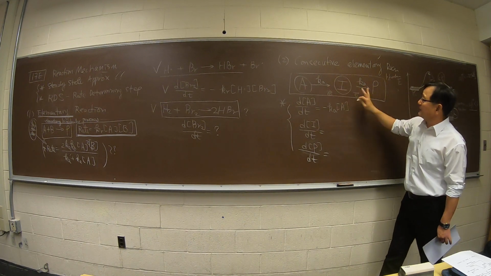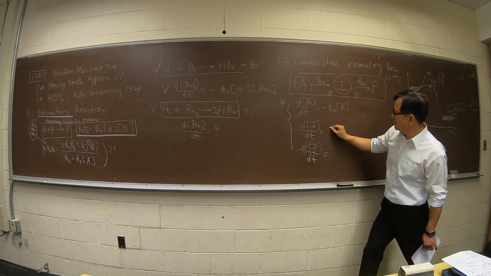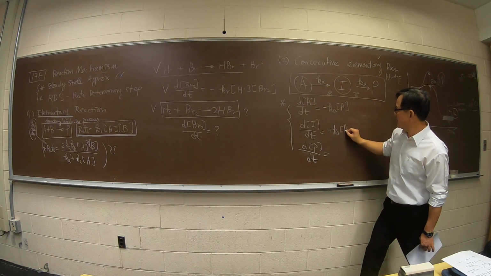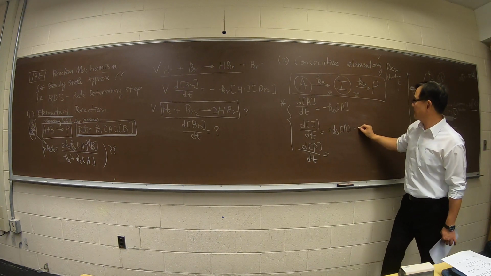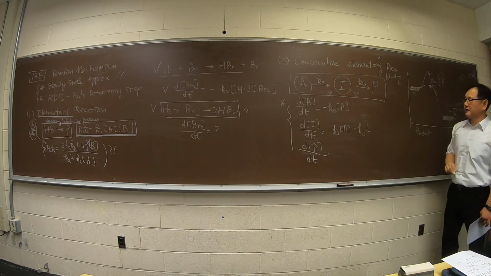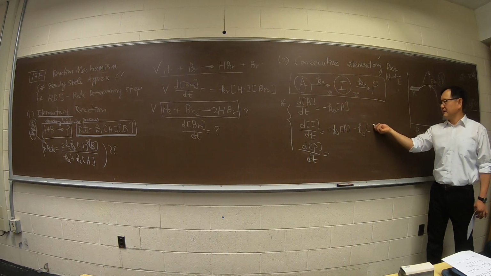But by combining this kind of one, now this one is producing it, so plus Ka times A, minus Kb times, anyone know what to put here? Concentration of I. That's it. Right? It starts to make sense, right?